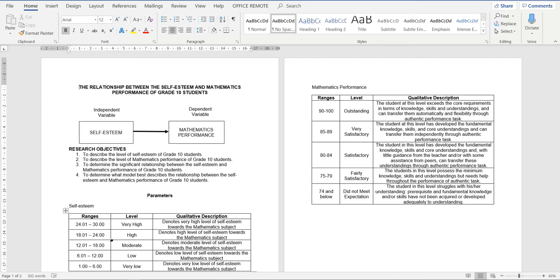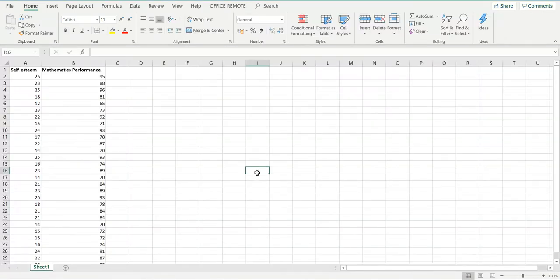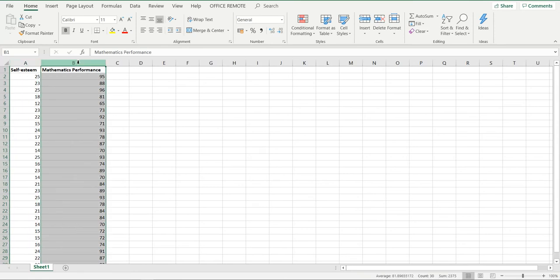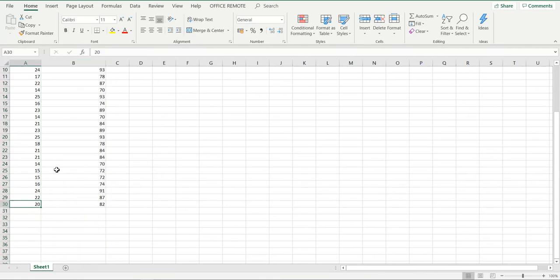Let us say that the researcher of this study already gathered the data. So the data is presented in the Excel format. As we can see here, we have the column for the self-esteem and another column for the mathematics performance. Now, in this case, there are 29 respondents in this study.